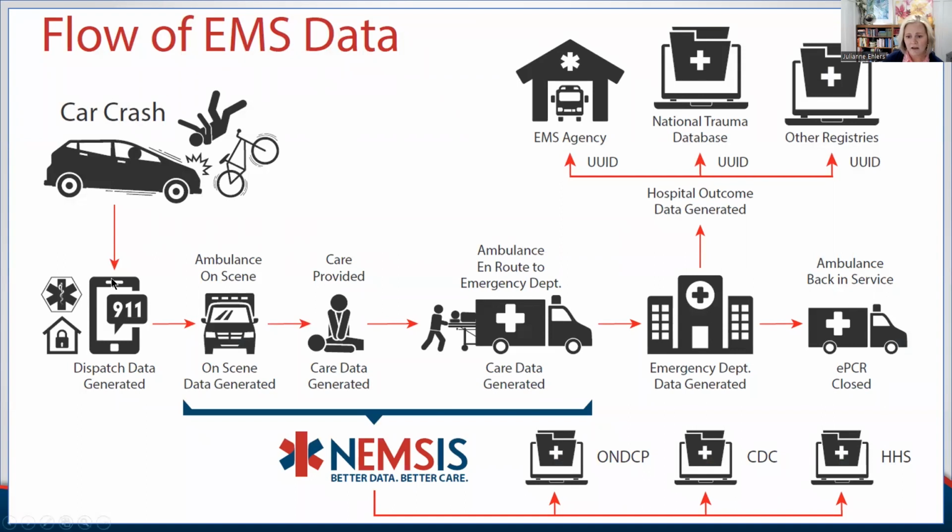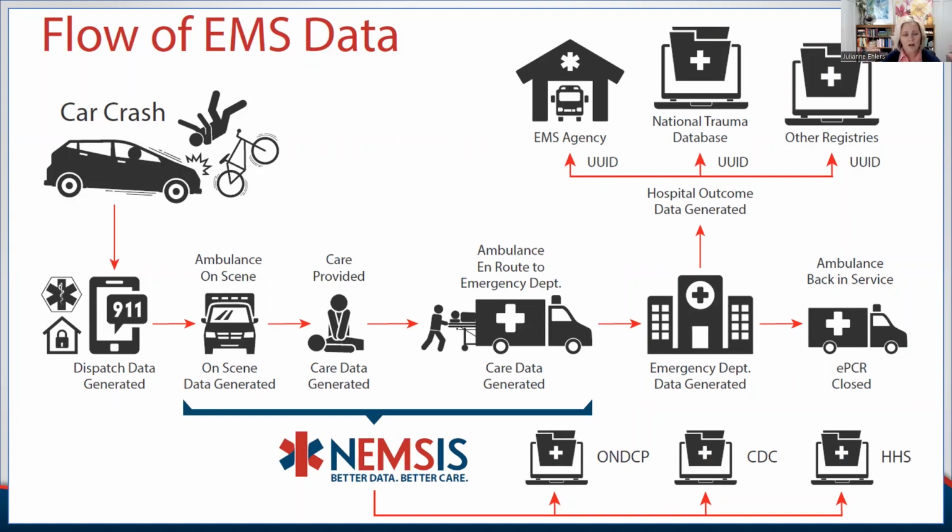You can see my cursor, but the ePCR, the electronic patient care report, captures a wide range of data from the dispatch data generated to on-scene data that's inputted by the field clinicians. They input data on the care that's provided, the response characteristics about the ambulance, the service, the clinicians. And then it also includes some emergency department and then the closure data, or wrapping up that information on the PCR.